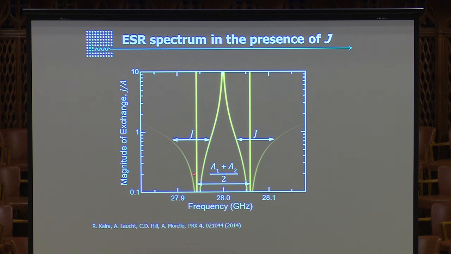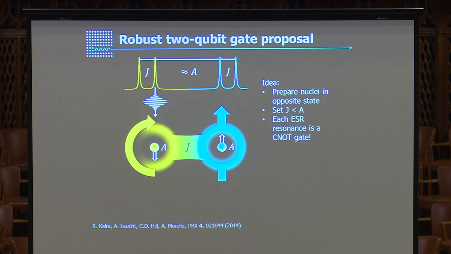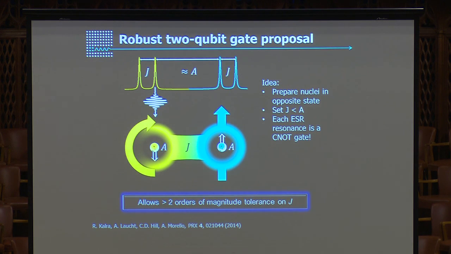You get these ones here, the 4, 1, 2, 3, 4, the ones on the side, they are the electron spin resonance lines when the nuclear spins are in opposite state. So there'll be these 4 lines here, and each one of them is a CNOT gate. Each one of these lines is flip electron 1 when electron 2 is in some state. And you see that they're all separated by J, and then the 2 doublets are separated by about A, right?